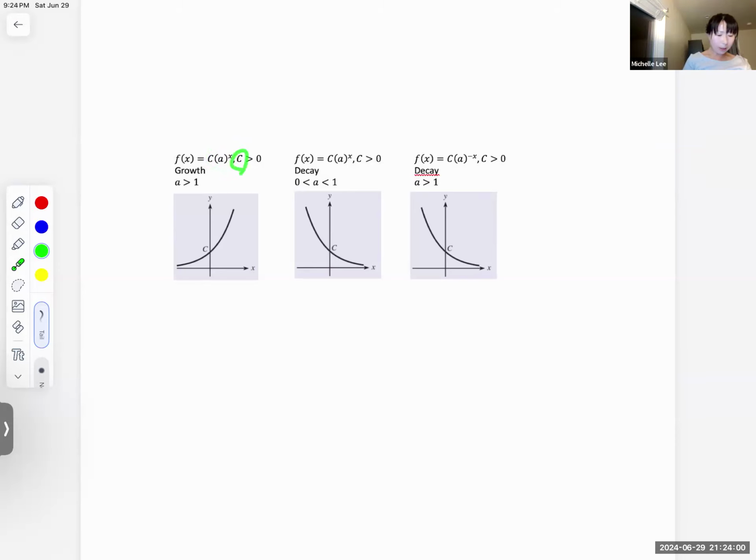C is greater than 0, a is greater than 1, is growth, right? So like earlier we did that. A equal to 2, 3, 4, right? And so on, right? Here, C is greater than 0.